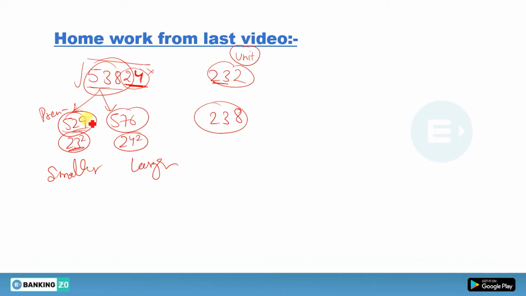So this one is closer to the smaller. Which one is smaller from these two numbers? You will say, sir, 232 is smaller, so 232 will be the answer. If 538 had been close to the larger number, I would have said that 238 is the right answer because that one is larger. I hope this concept is clear.